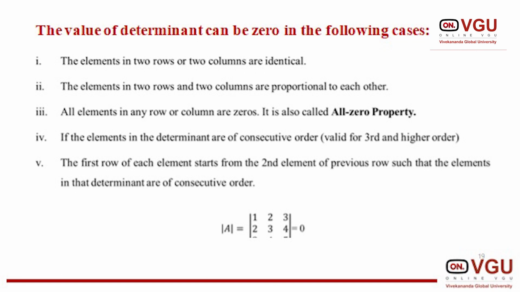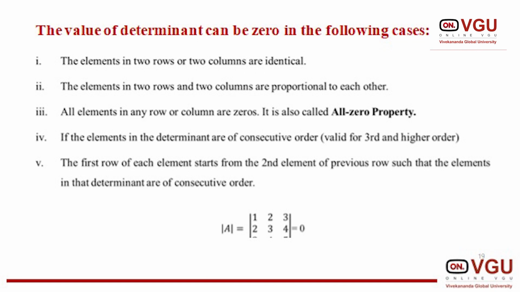We may have a big determinant, and obviously we are aware of the process of finding the determinant, but we can say instantly the value of that determinant. How?